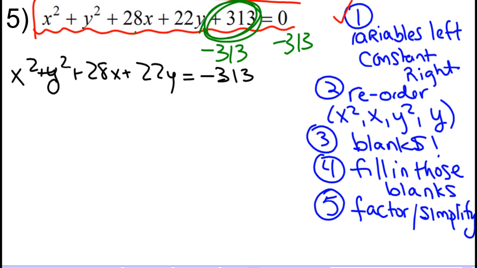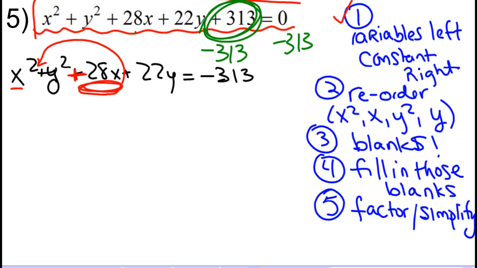We have all our variables on the left and our constant on the right. Step 2, I need to reorder. On the left side, there's my x squared. That's fine. But then I have this 28x that needs to be moved in front of my y squared. Now, that does not mean I'm adding 28x to both sides or subtracting 28x from both sides. I'm only working on one side of my equation, so I'm literally just moving it. I am going to move the plus sign with it.